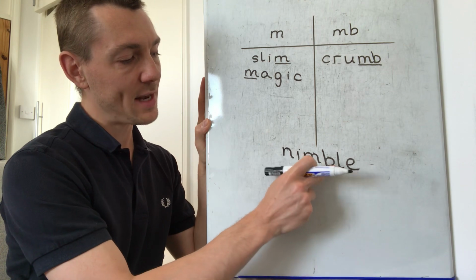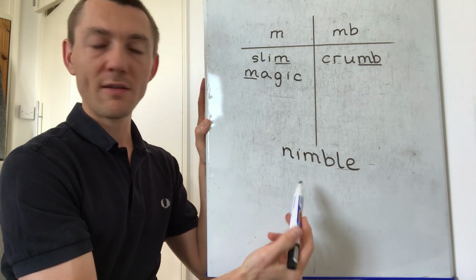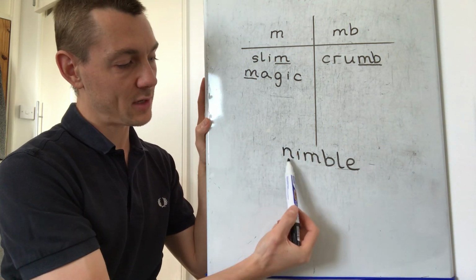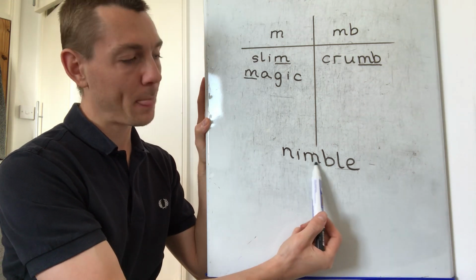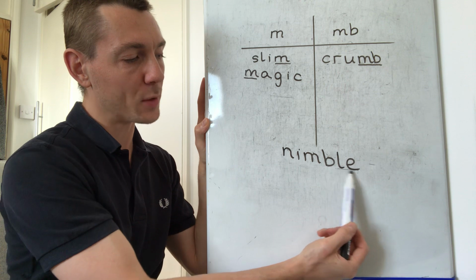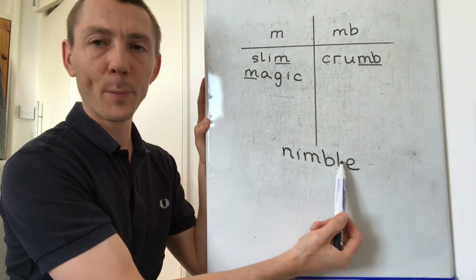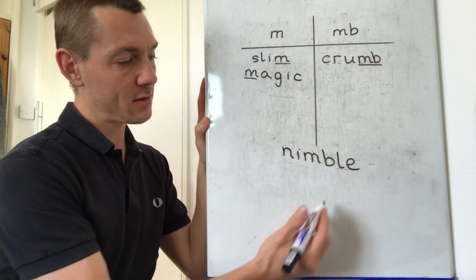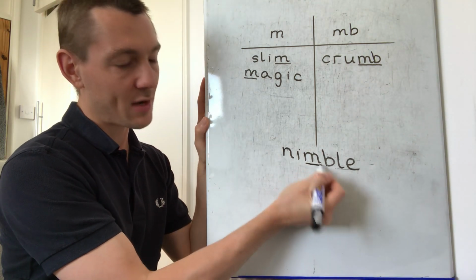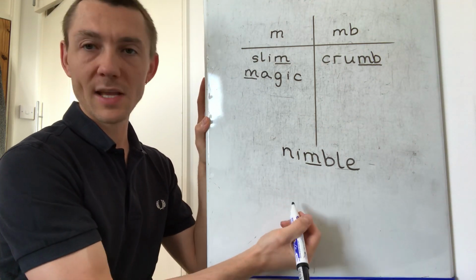The word is nimble. So where is the sound? Let's have a look. We have nim, bull, nimble. So the sound is just the M on its own, even though there's a B next to it.